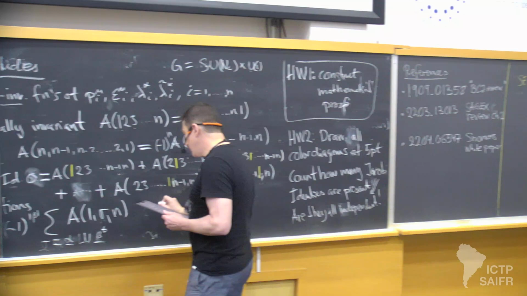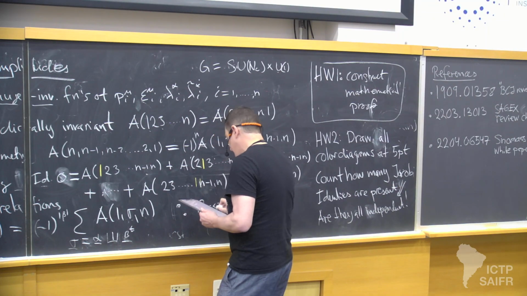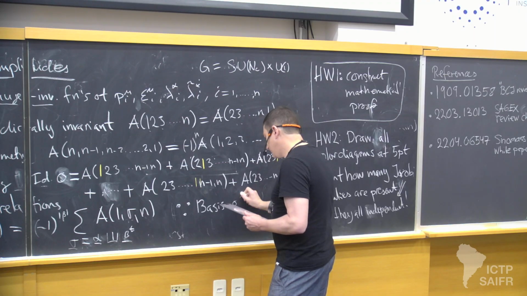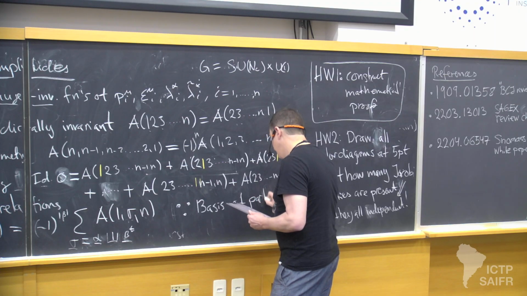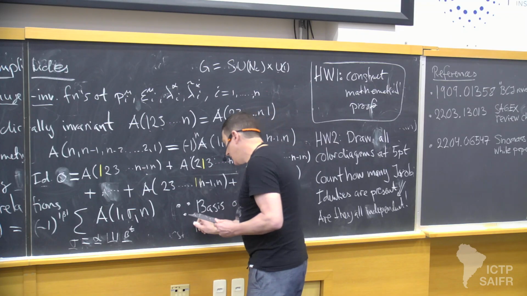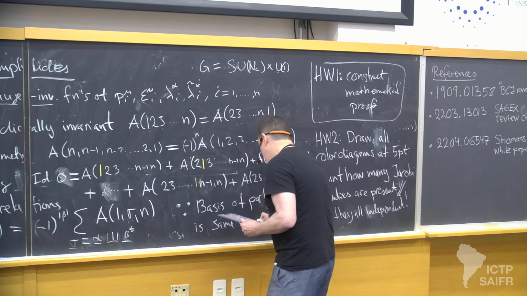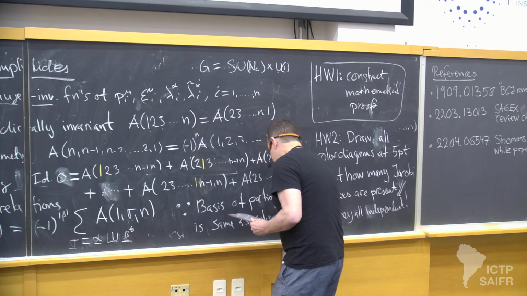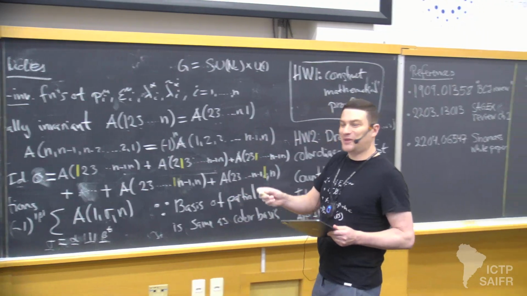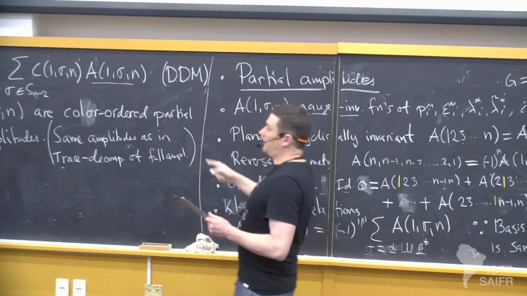The conclusion here is that the basis of partial amplitudes is the same as the color basis. It's a non-trivial statement, even though it sounds like we almost derived it earlier, but we didn't.